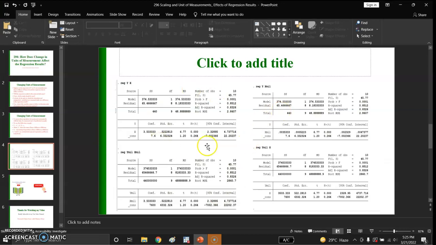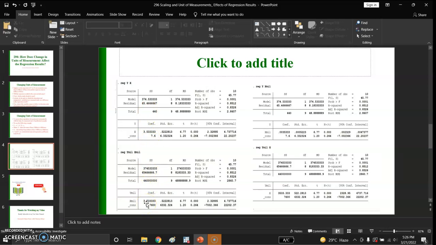So here I have also combined all the results. This is for the regression of y and x, and both the variables are measured in billions. Here x and y are measured in millions, and you can compare the coefficient 3.53, 3.53.